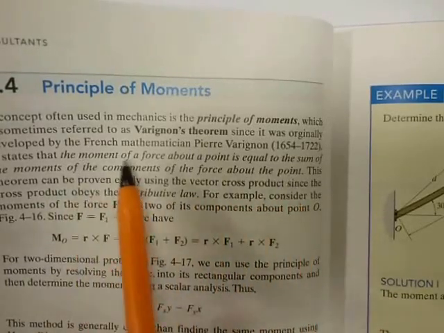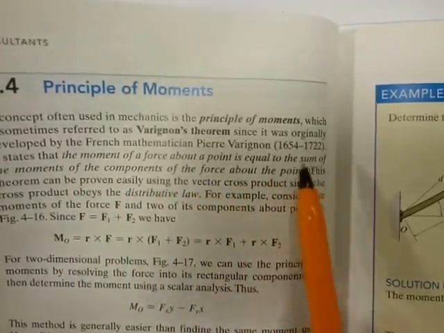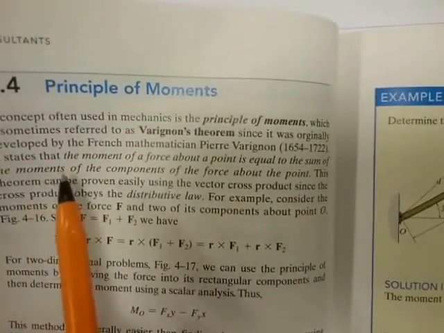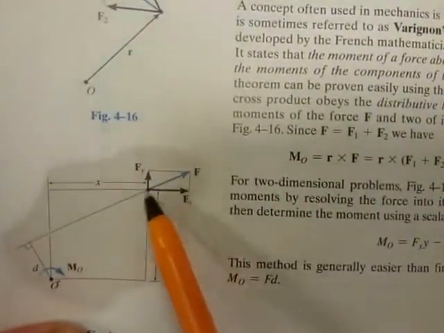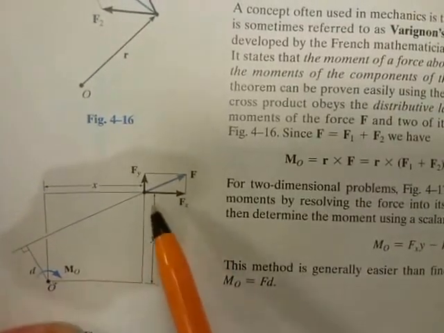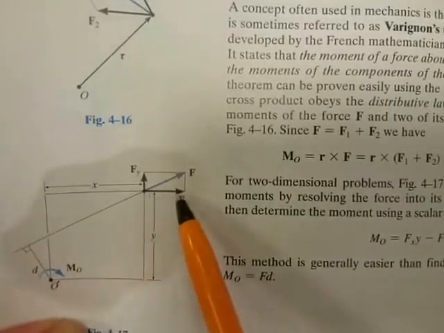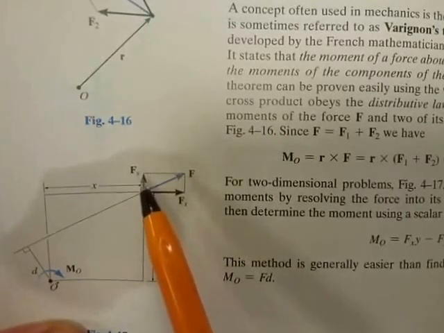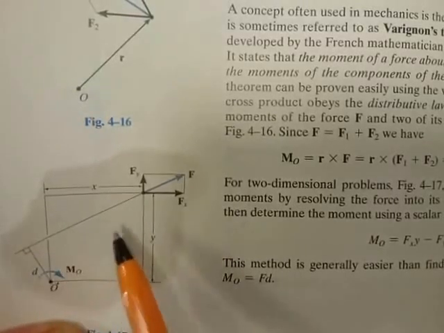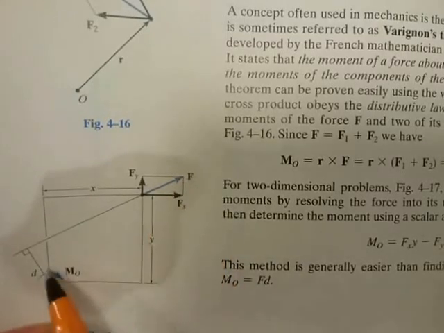We're adding up the sum of the moments of the components. So if we add up the moment due to one component, and the moment due to the other component, we will get the same moment. It's equal to the moment due to this force about that point.